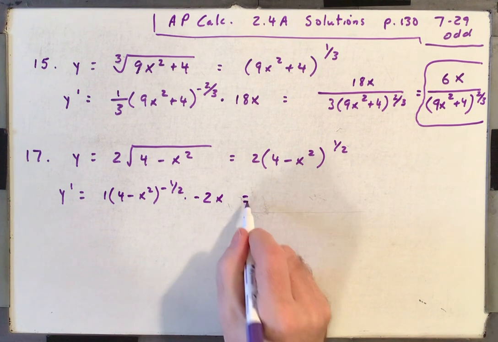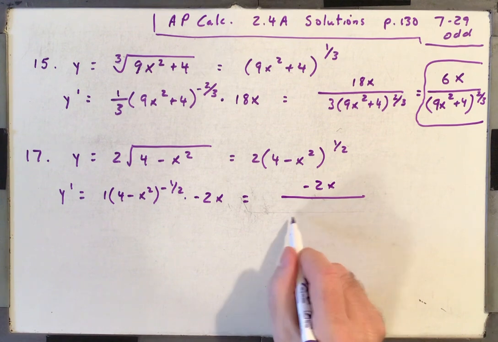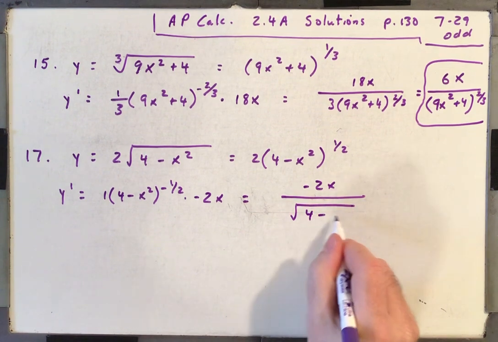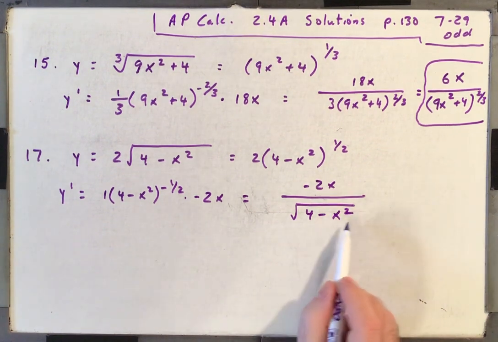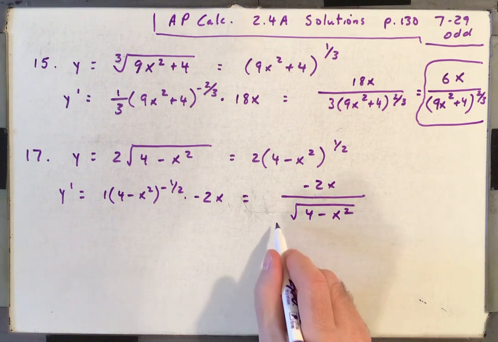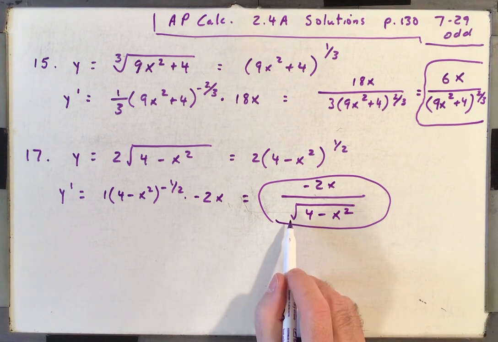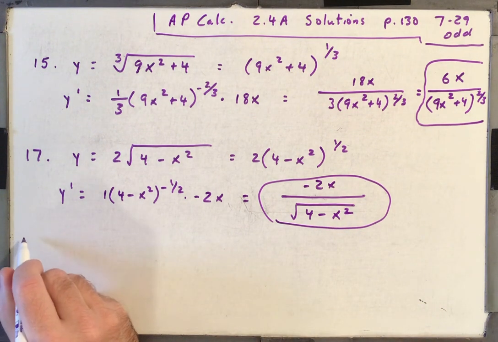So cleaning this up, we would have negative 2x on top over the square root of 4 minus x squared. And again, it's completely fine if you do 4 minus x squared to the 1/2 power. Most math teachers typically like to see that radical if it's a 1/2 power.